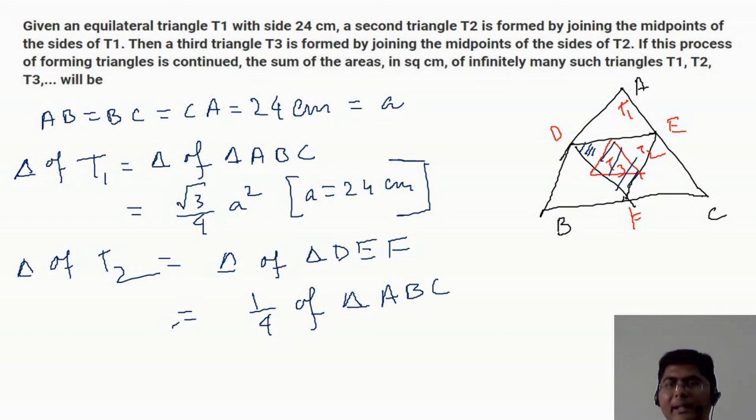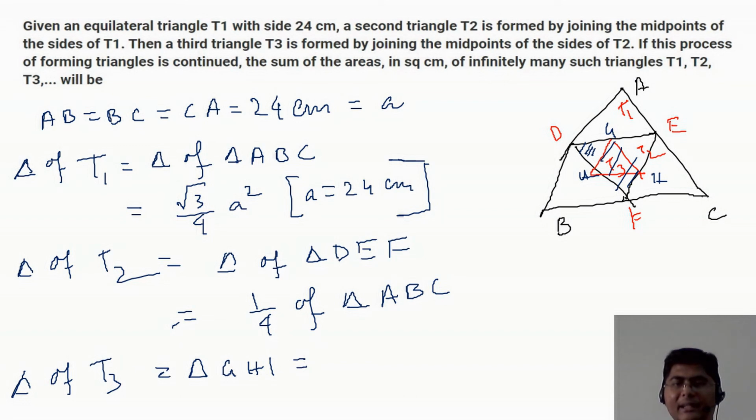Okay, what is the area of T3? It will be area of triangle GHI. Now GHI is 1/4 of triangle DEF, and triangle DEF is 1/4 of triangle ABC.